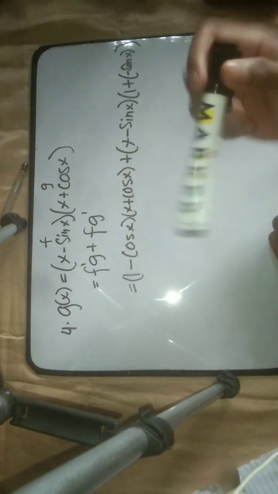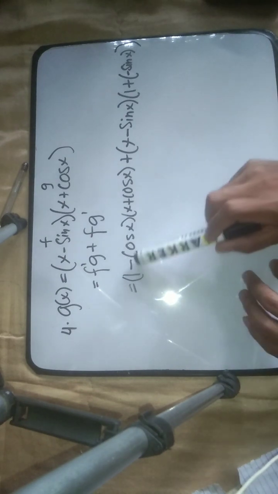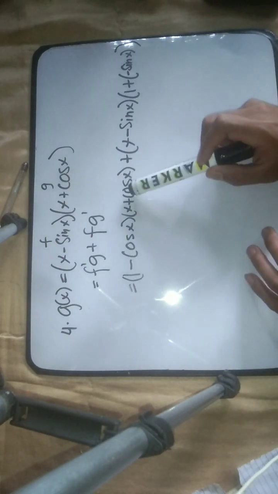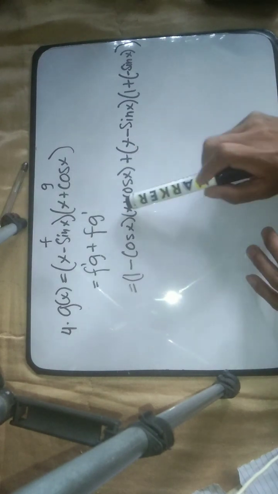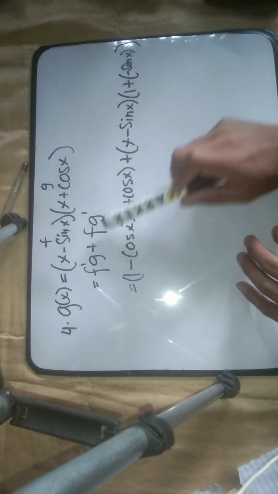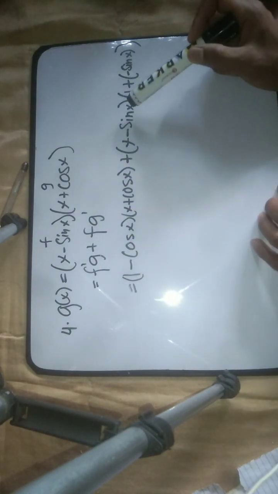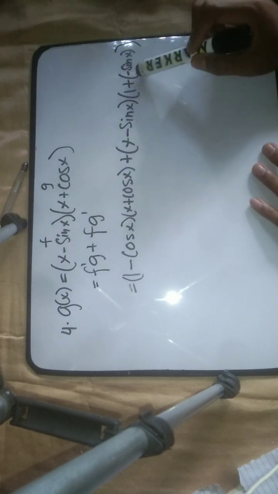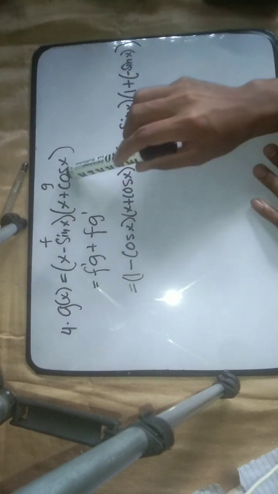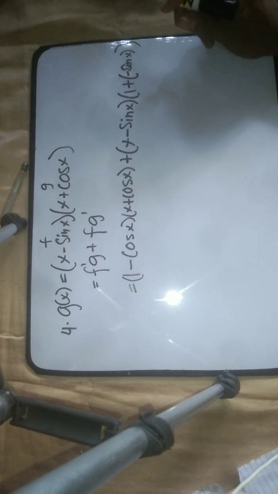So the derivative of f is 1 minus cosine x, multiplied by the g. Our g value is x plus cosine x, plus the f. Our f is x minus sin x multiplied by the derivative of g, which is 1 plus negative sin x.